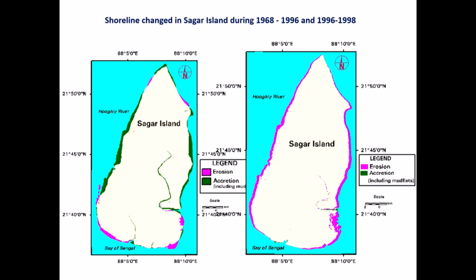And this green portion shows you the accretion where the sediments get deposited, and the pink shows the process of erosion, where the land mass is getting eroded.